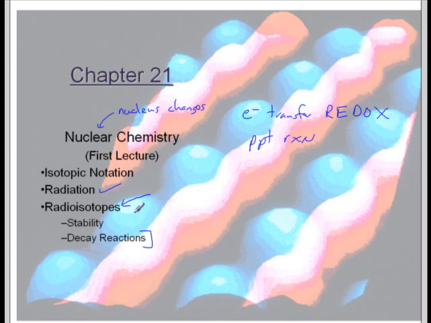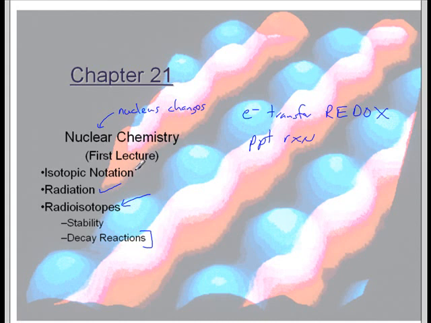Another type of chemistry here is a bombardment reaction, where things are slammed together to form a new element. So we're actually changing elements when we start talking about nuclear chemistry.